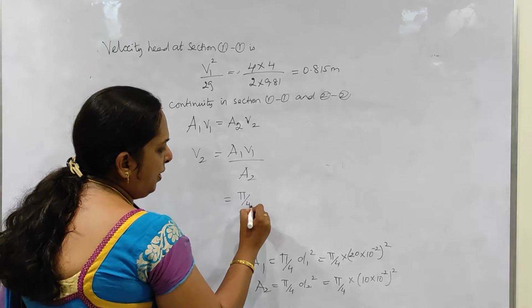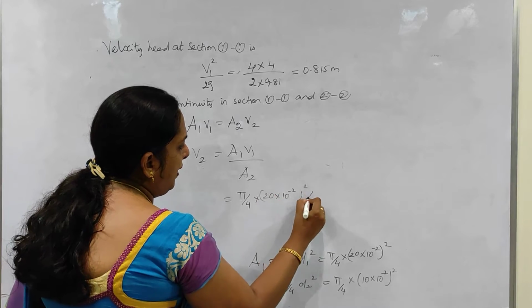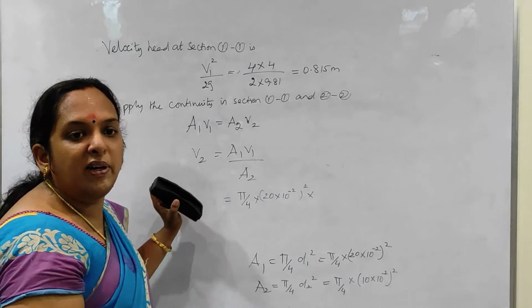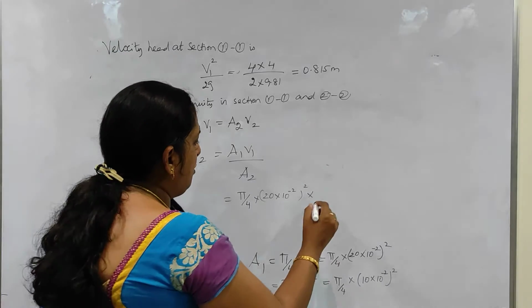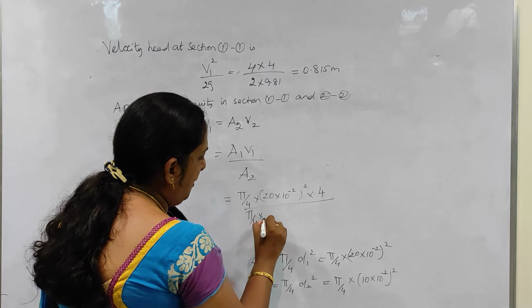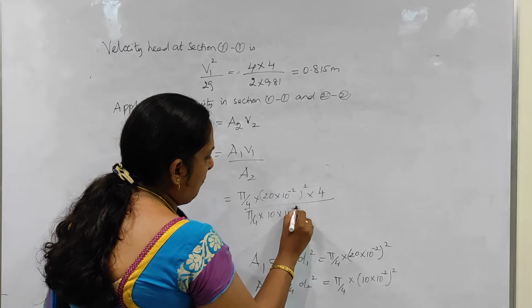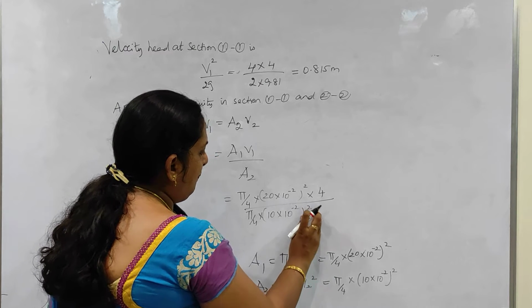It is pi by 4 into 20 into 10 to the power of minus 2, the whole square, into V1. V1, the value they have given in your problem, is 4 meter per second. So it is 4 divided by A2, which is pi by 4 into 10 into 10 to the power of minus 2, the whole square.